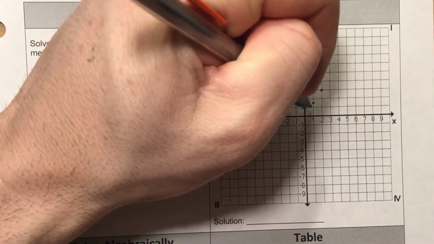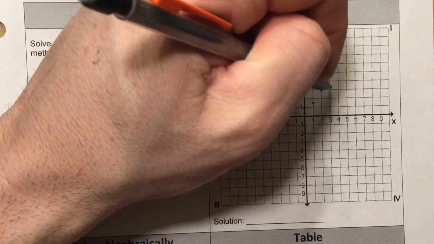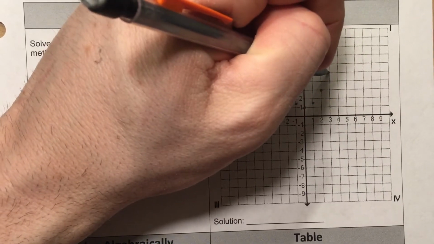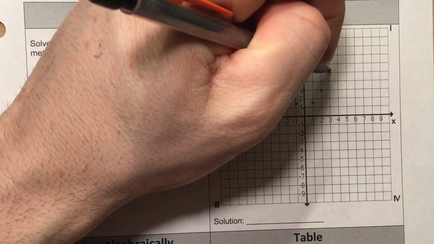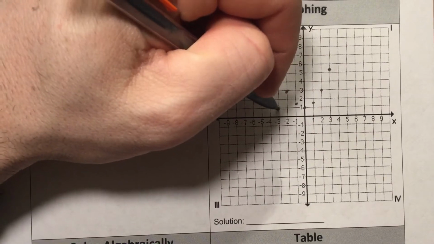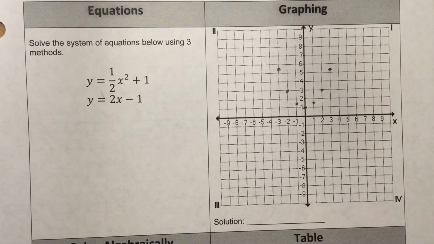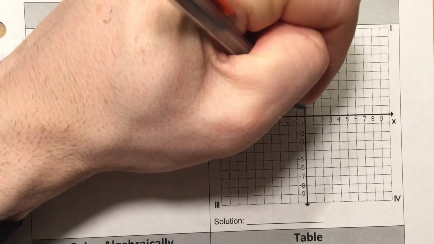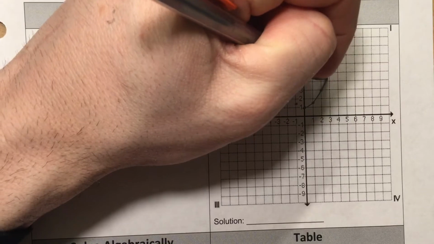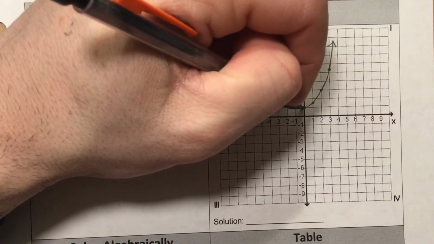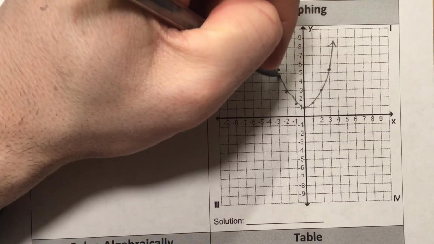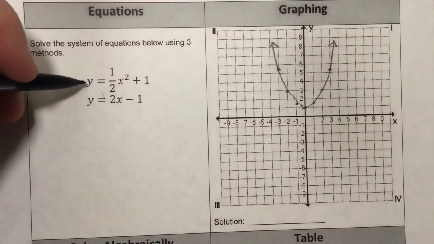So I'm going to go from my vertex over 3 and up 4.5. If I did do 4's, it would be 16 and 8. I think this is going to be enough. All right, so there is that one.